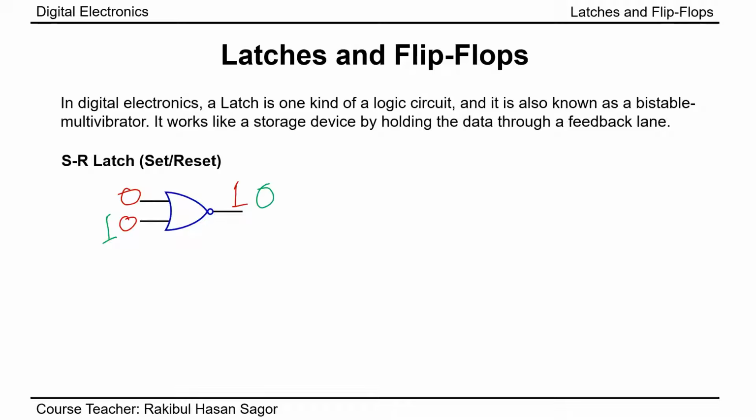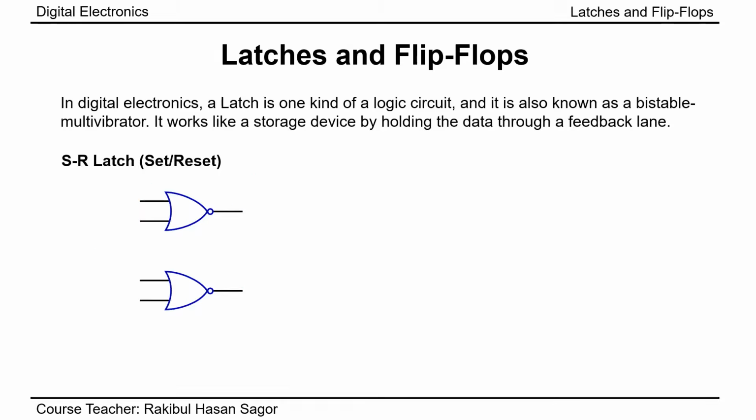But as I said in the previous case, if one of the inputs is 1, we do not care about the other input, either 0 or 1, the output is definitely 0. So this phenomenon will be used for designing the basic SR latch.